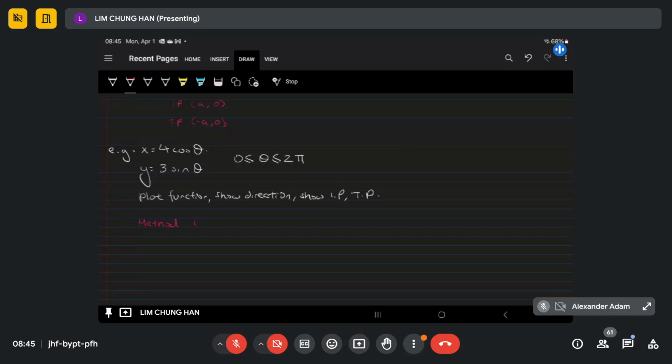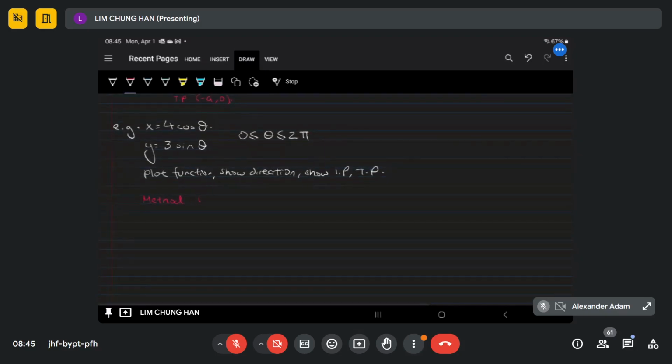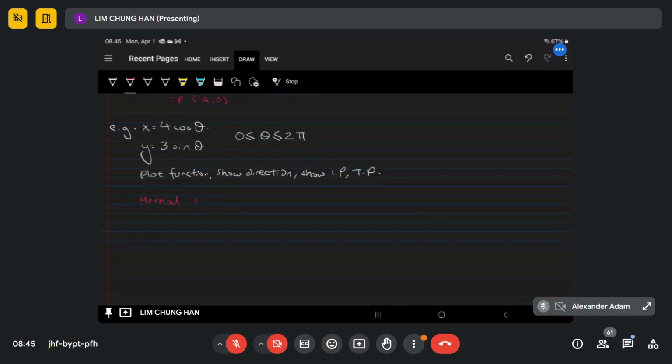Or method 2: you plot a whole load of points and join all the dots together. Maybe we'll do both. We do the first method first.